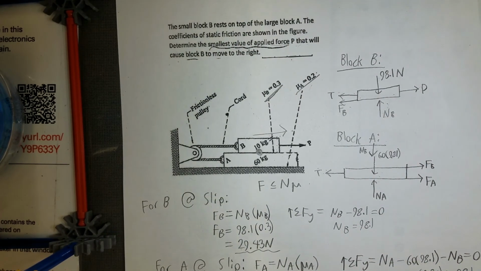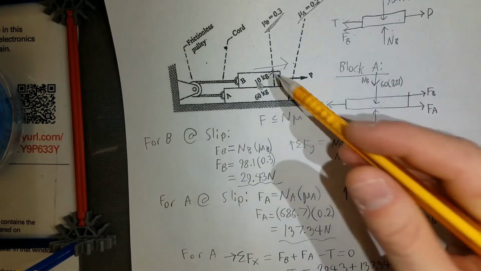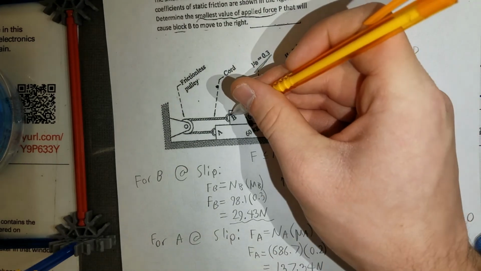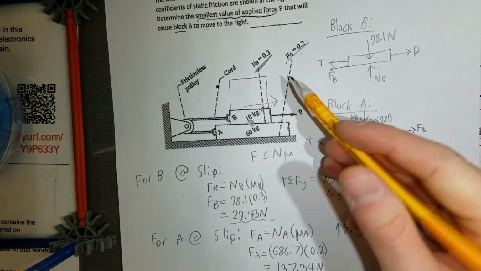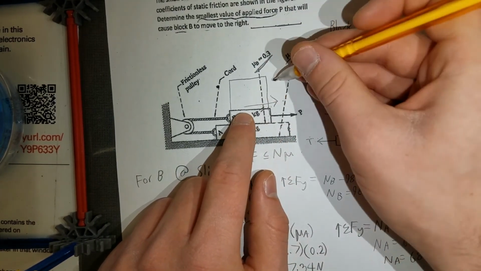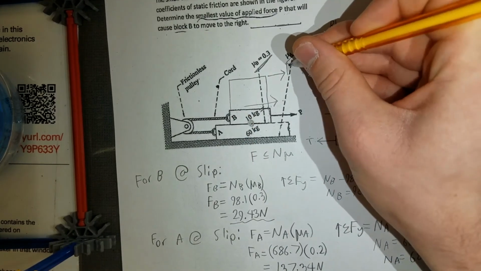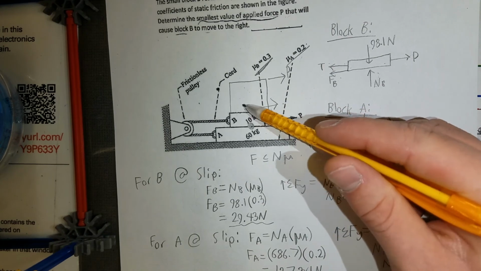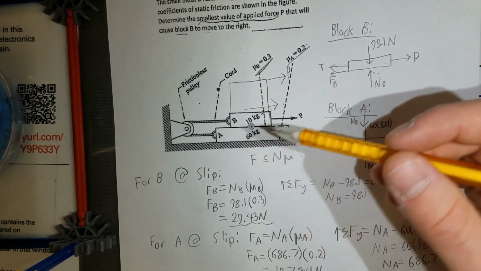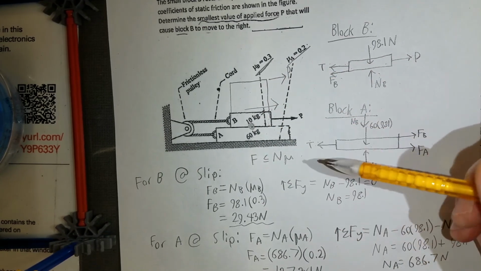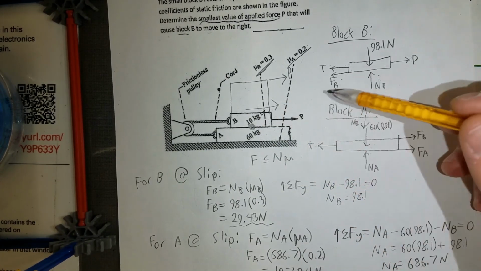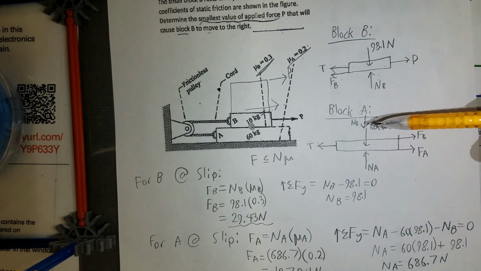If B, for whatever reason, were super tall, and we had P acting on it there, then you would want to consider a case where it would be tipping. And then you'd have to look at which of those P's would be smaller. But for this case, there's only one case for us to look at, and that's if both of these blocks are just slipping. Does anybody have any questions about that problem?